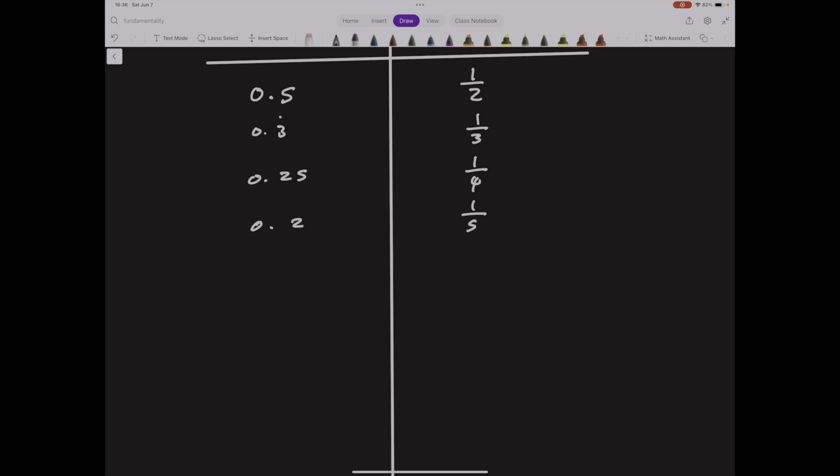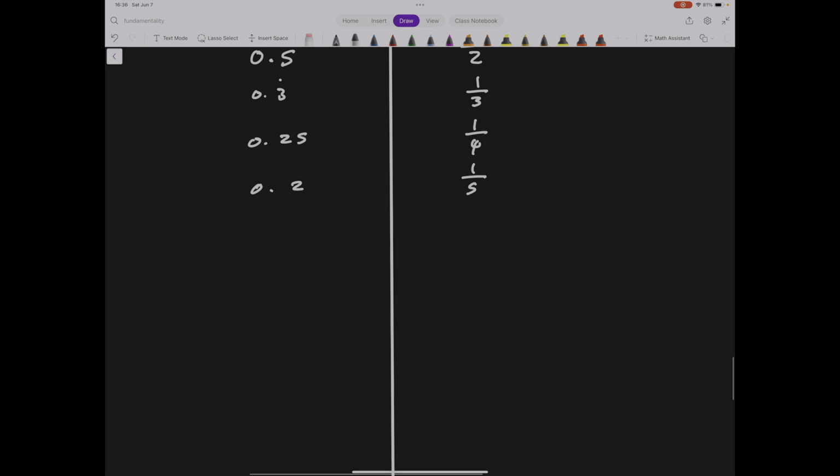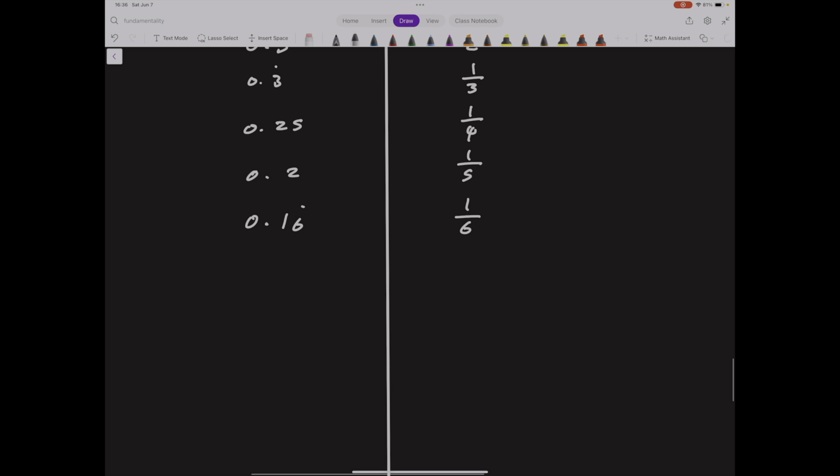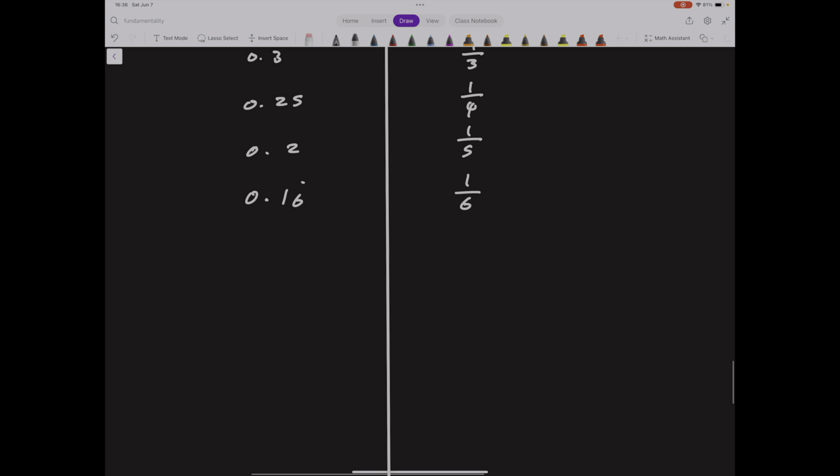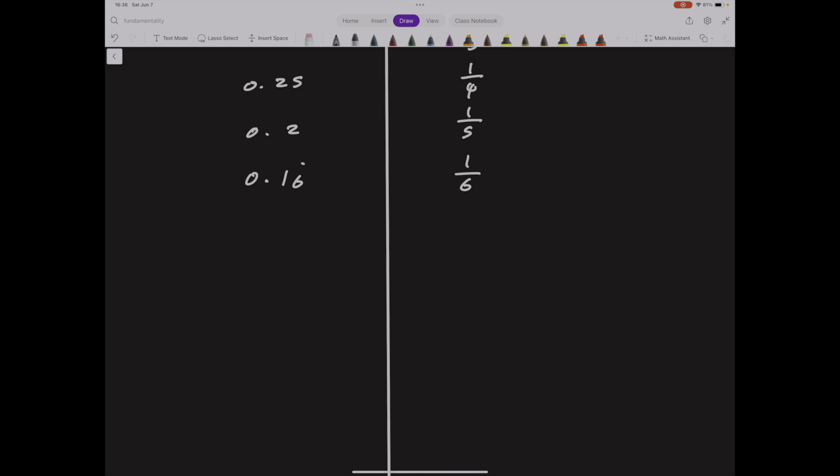I don't mean that as in like, you know, but when you've been doing this for quite a while, you kind of get a sense for, yeah, you can convert them without thinking about it because you've remembered this. 1/7 you're never really gonna see. Then 1/8.